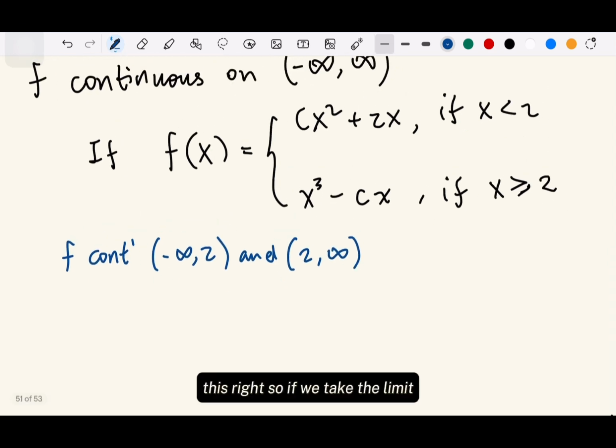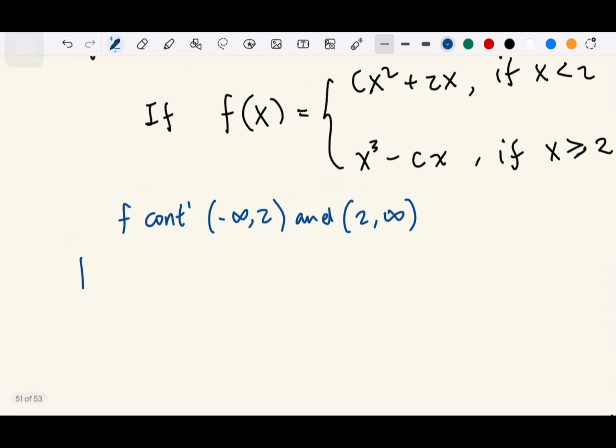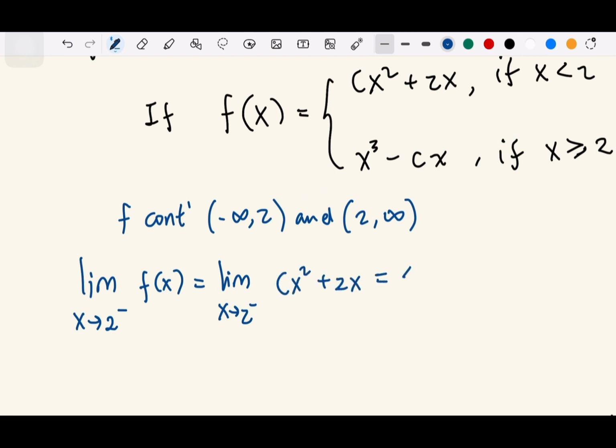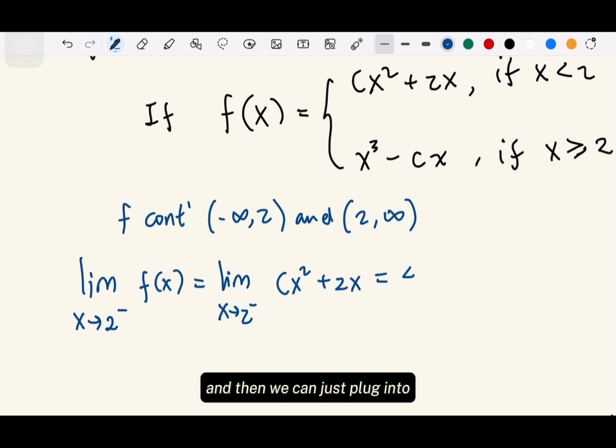So if we take the limit as x approaches 2 from the left, we can plug into 4x, so we have 4c plus 4.